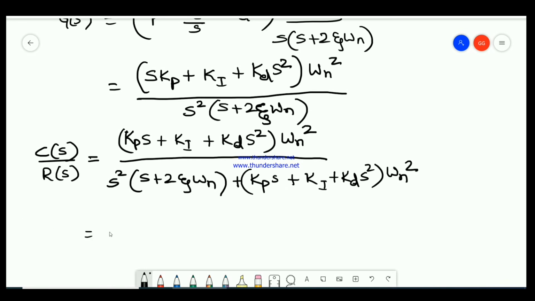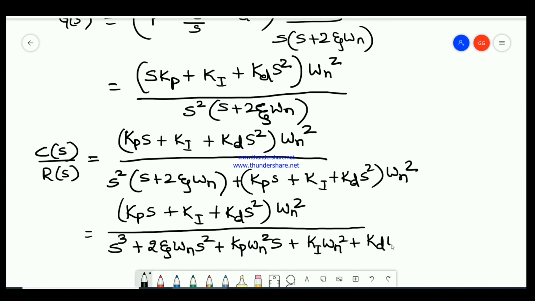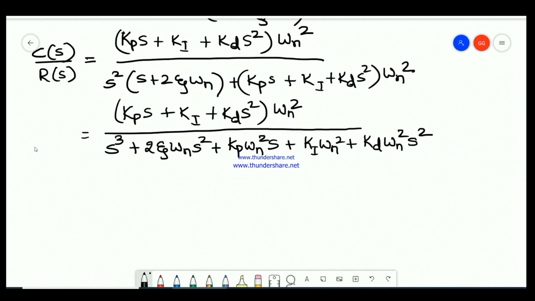Now you write the complete equation in a normal way: Kps plus Ki plus Kds square into omega n square divided by s cube plus 2 zeta omega n s square plus Kp s into omega n square, plus Ki into omega n square, plus Kd omega n square into s square. Now we take the term which is common, s square.